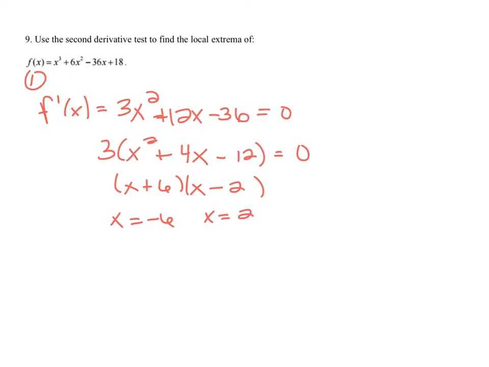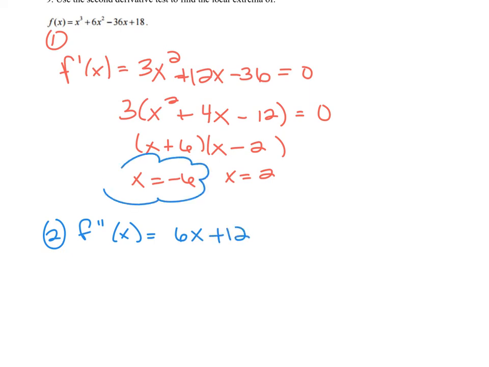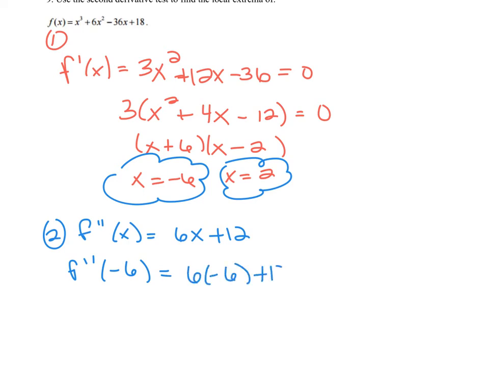Now you're going to take the second derivative, and that's your second step. The second derivative is going to be 6x plus 12. Then you plug in the critical points that you just found. So I'm going to plug in -6. When I plug in -6, I get -24.